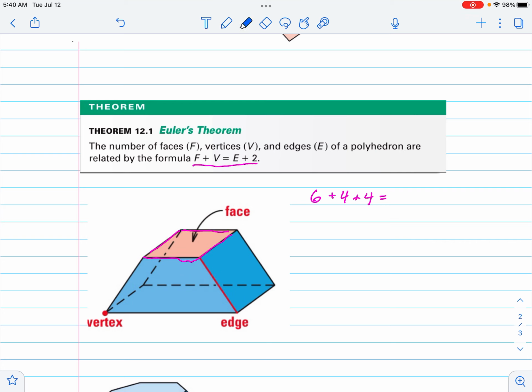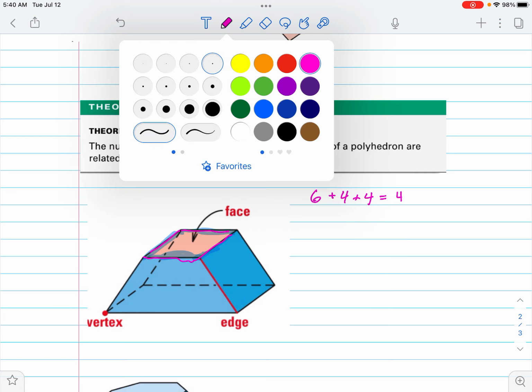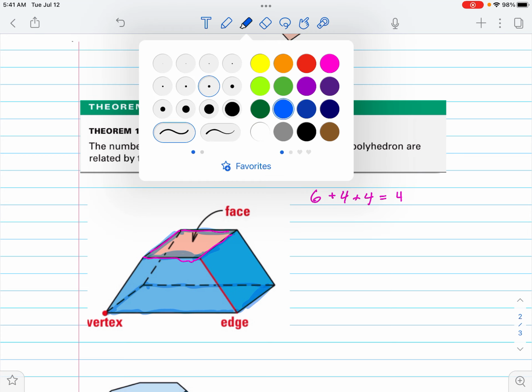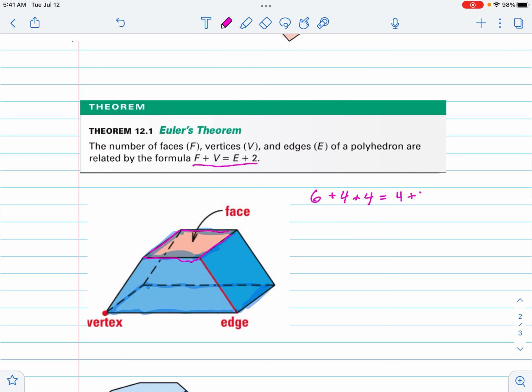Now I want to mark those clearly so I don't count them again. I've got 4. And then on the bottom, I've got 4 as well. Okay, so 1, 2, 3, 4. Got 4 there. So I put plus 4.